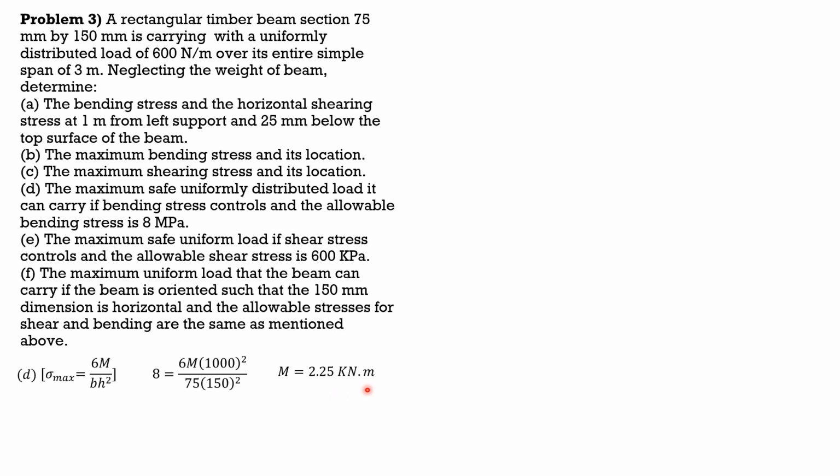And we equate that to WL square over 8. So 2.25 equals W times 3 square over 8. So the maximum safe uniformly distributed load if bending stress controls is equal to 2 kilonewtons per meter.